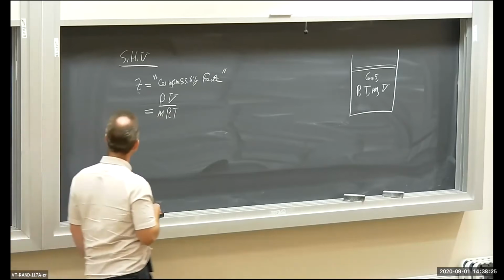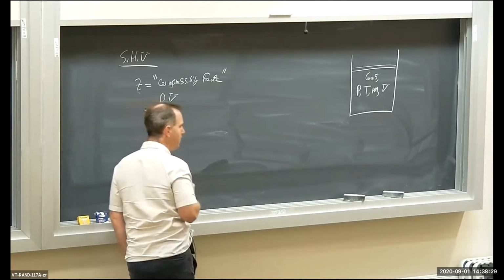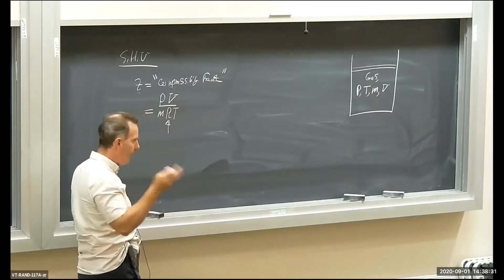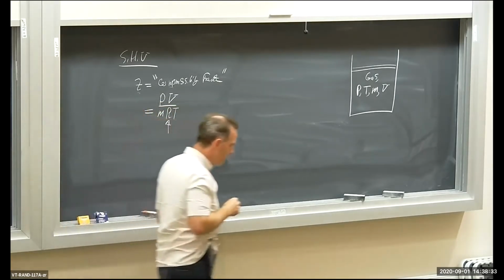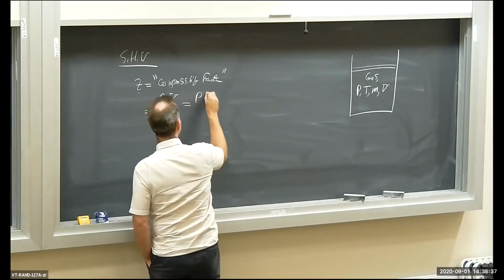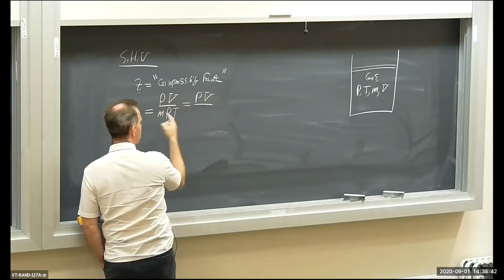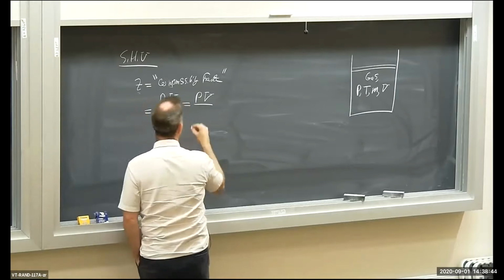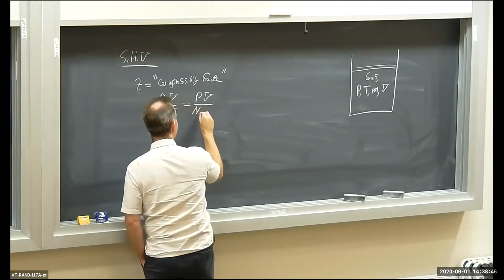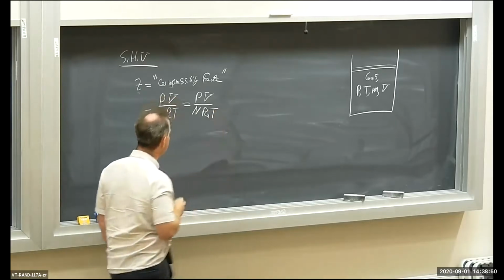First of all, before we start using any of this, I do want to point out what this R is. And actually, before we do that, I want to show you there are two versions of this equation. There's pressure times volume equals mass times a gas constant times a temperature. We also have the number of moles, N, times a universal gas constant, R, times temperature.